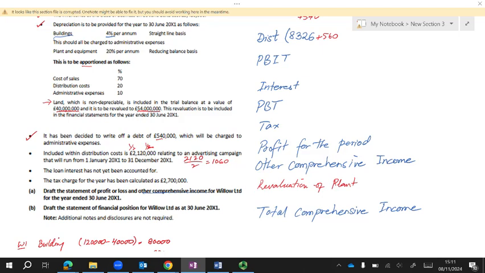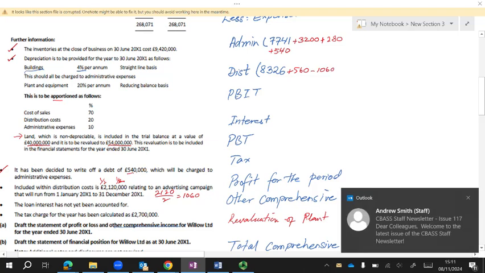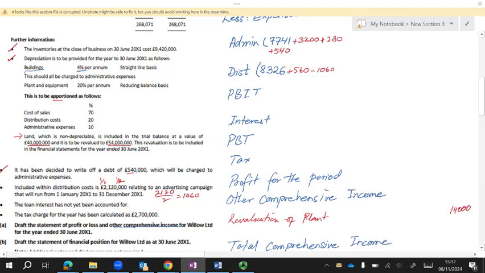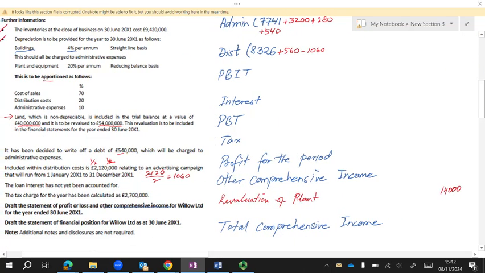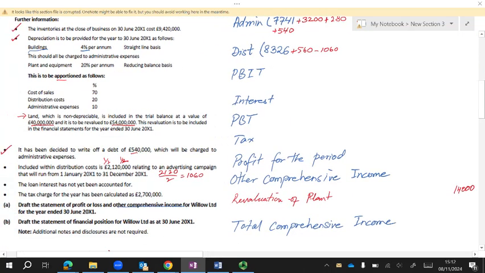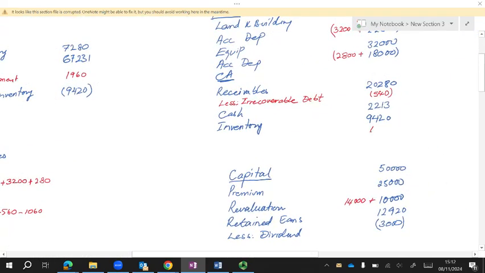We need to subtract it from our distribution. And because it's prepaid advertising campaign cost, we need to include that in our current assets.